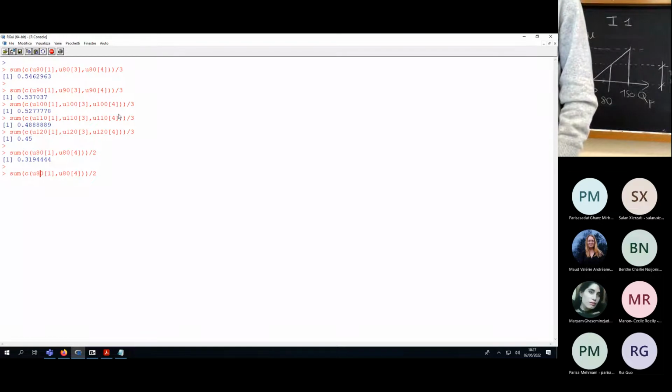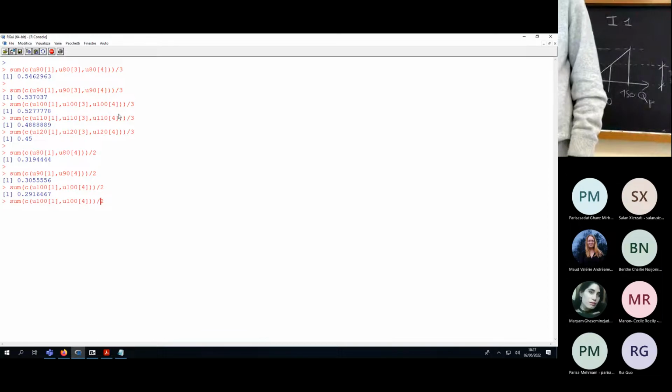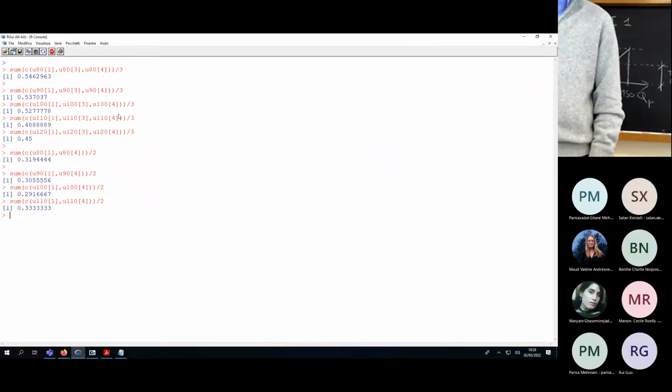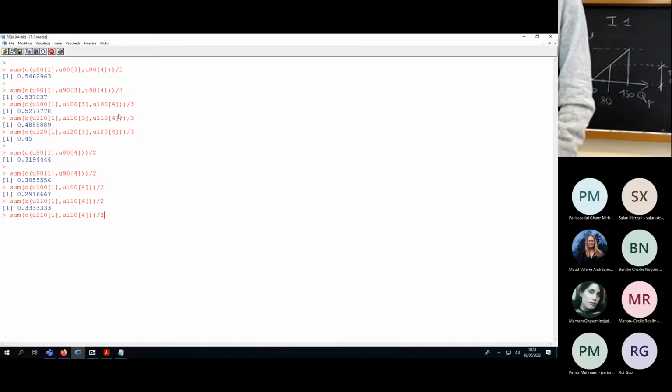90. Still decreasing. Still decreasing. Here it starts increasing, so I have to correct what I said, because indeed there is some nonlinearity.